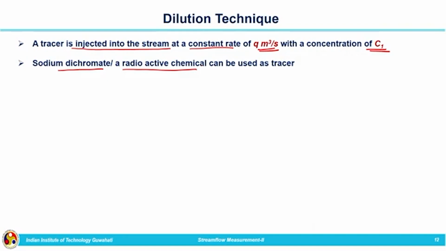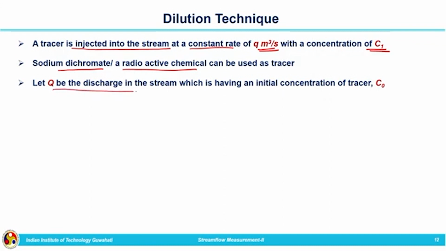It is injected into the stream with a concentration C1 at a constant rate of q. Sometimes the tracer is injected all together at once. It depends on the study we are carrying out.